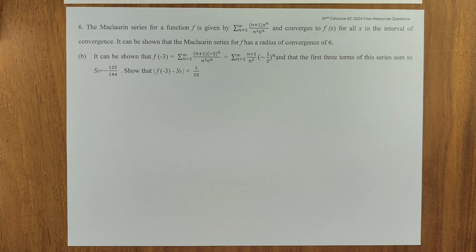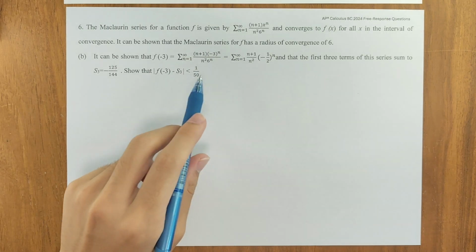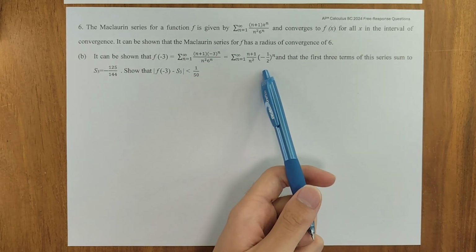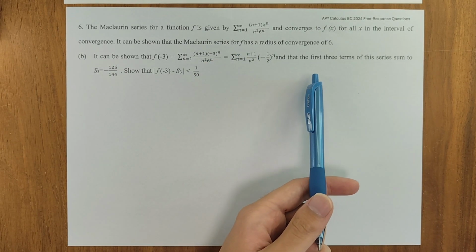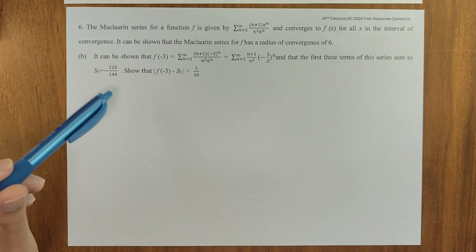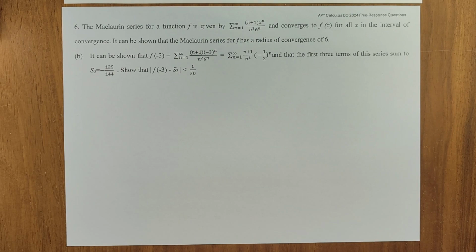Okay, question B. It can be shown that f(-3) is this series. So we just basically plug x equals negative 3 into the original series, which can be found to be this series. And the first 3 terms of this series sum to this value. Now we have to show that f(-3) minus s3 is smaller than 1 over 50.